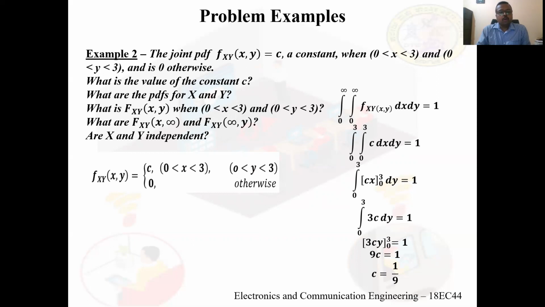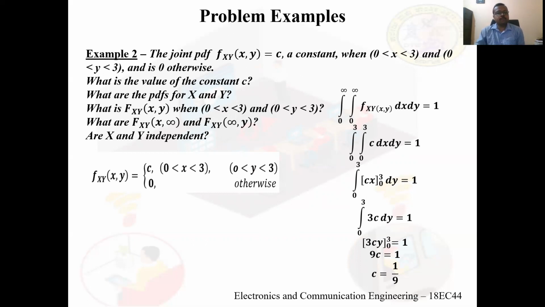Secondly, you need to find the PDFs for X and Y. Thirdly, what is f_XY(x, y) when x and y lie between 0 to 3. What are f_X(x, infinity) and f_XY(infinity, y). And lastly, you need to say whether X and Y are independent random variables.